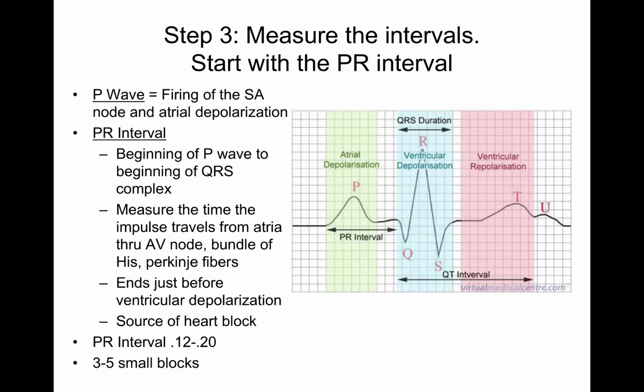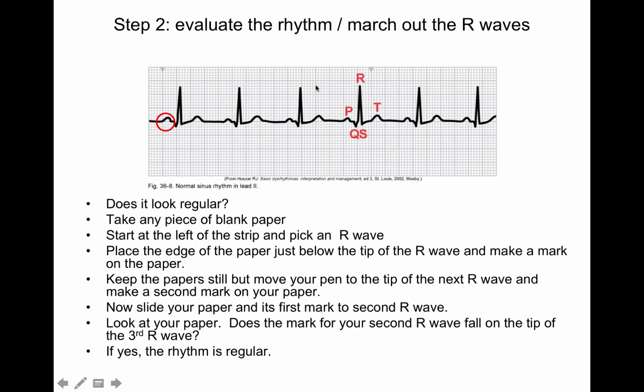One big box of an EKG tracing, right here, is 0.20. These small boxes right here are 0.04.